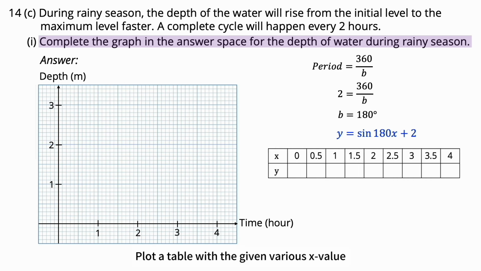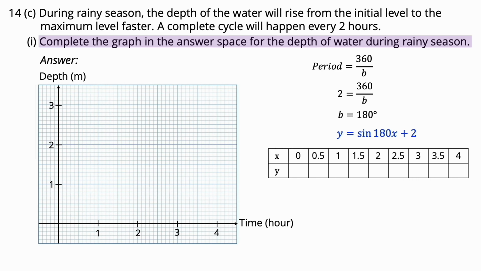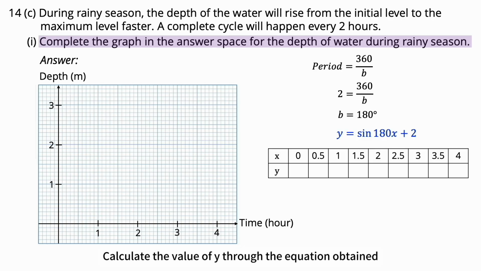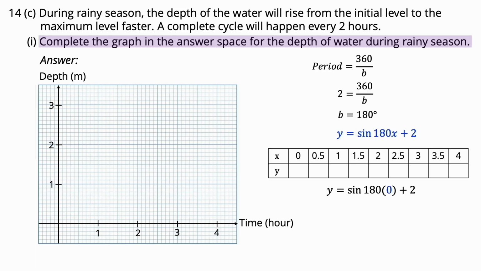Plot a table with the given various x values. Calculate the value of y through the equation obtained. When x equals 0, substitute into the equation, y equals 2. When x equals 0.5, y equals 3. When x equals 1, y equals 2.